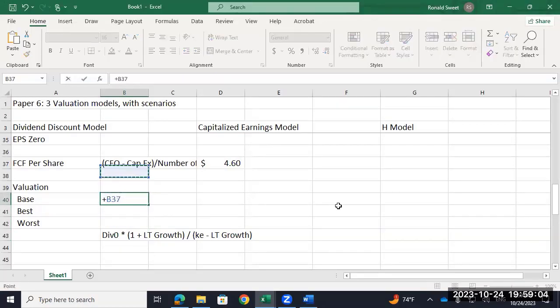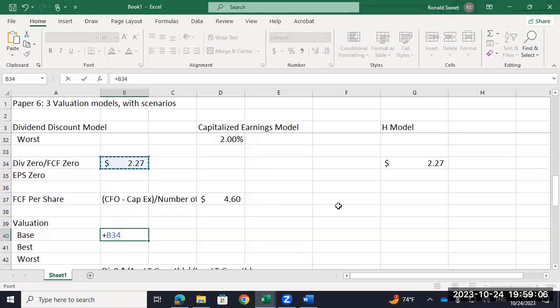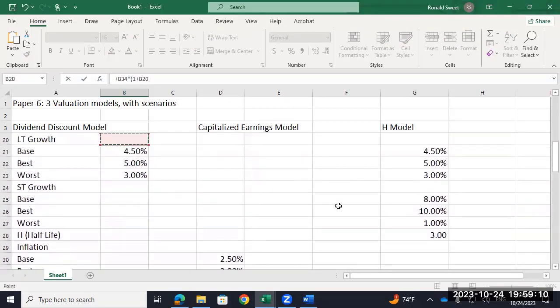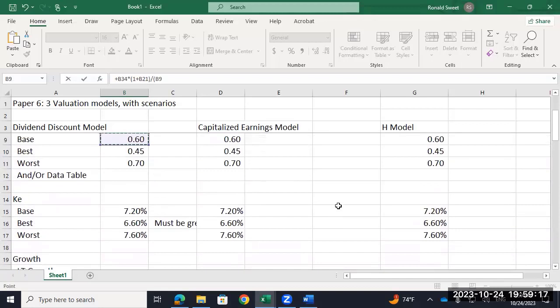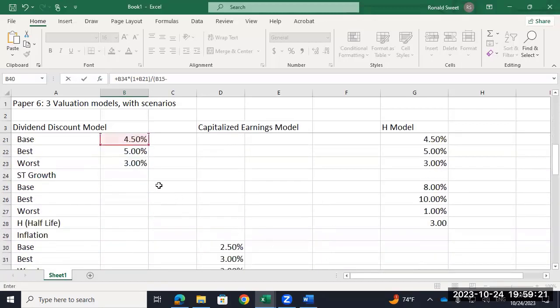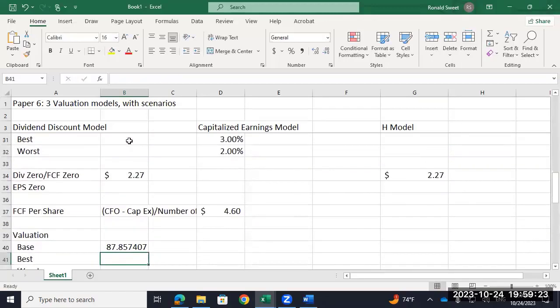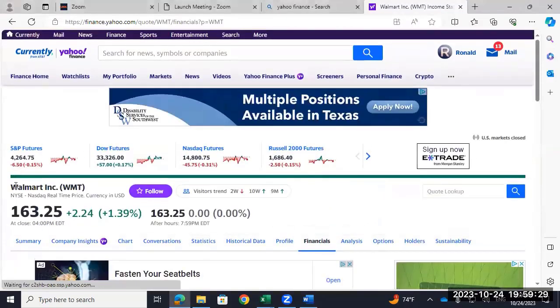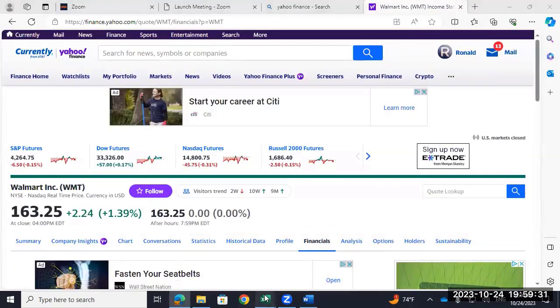So for the base case, 227 times 1 plus the base case growth rate, divided by KE minus the base case growth rate. Here's my value. Now, much lower than the current price of 163.